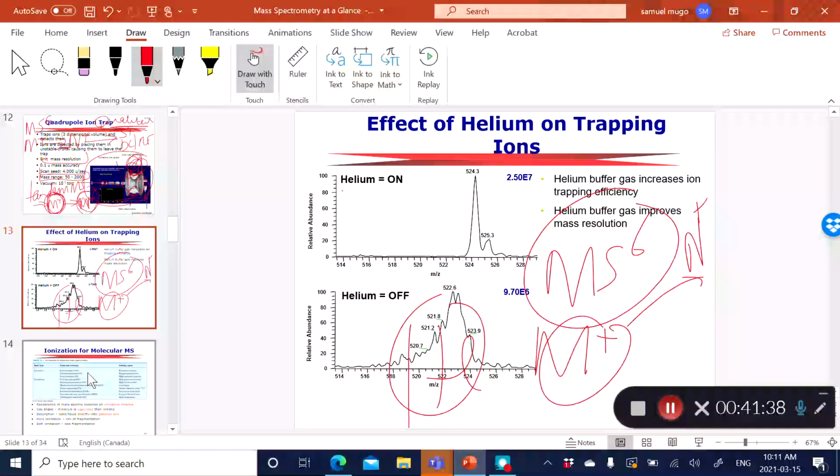So typically, you often need helium when you're trying to do the trapping of the ions. And essentially, you can see that if the helium is on, you tend to get very, very good data, good resolution. When the helium is off, you don't get very good results.